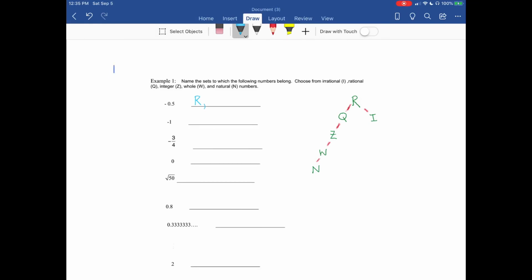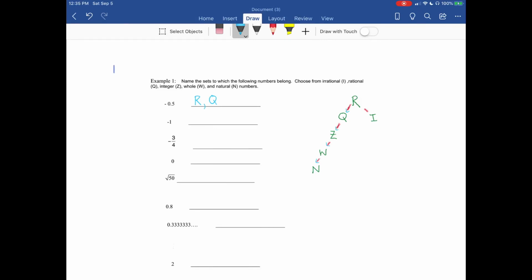Then we need to figure out, is it irrational or is it rational? Well, it's a decimal for sure, but it terminates. It's a decimal that ends. That makes it a rational number. Then we go to C, and I'm going to arrow it so it's clear. Working my way down, the next step is, is it an integer?